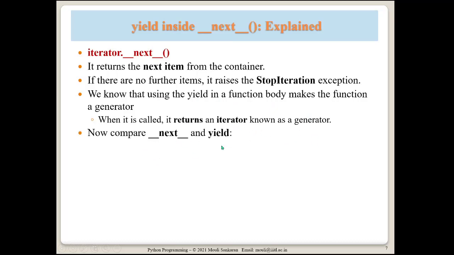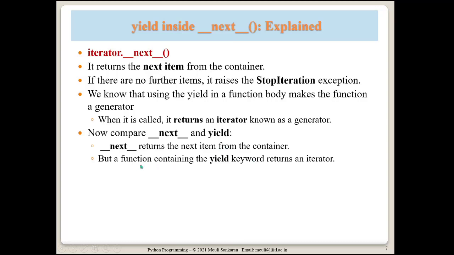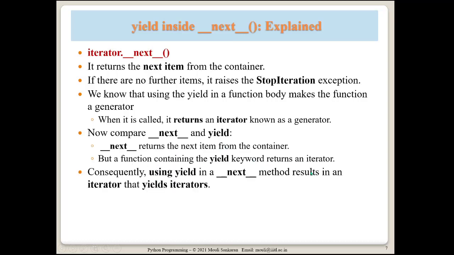Now let us compare the difference between the next and the yield. Next returns the next item, but a function containing the yield keyword returns an iterator. Now, consequently, using the yield in a next method results in an iterator that yields iterator. So what happens is, if you suppose try to implement the same iterator using yield inside a next, you will get into an infinite loop.